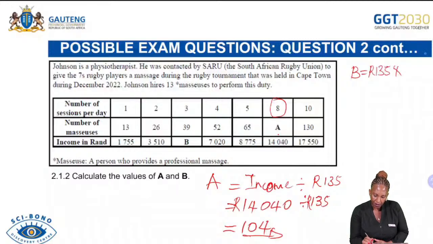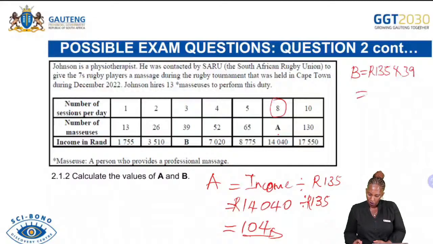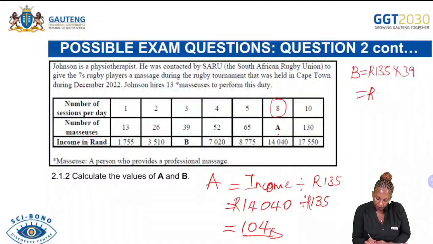We multiply it by the number of massages, which is 39, and then our amount will be 135 multiplied by 39, which is 5,265 rand.